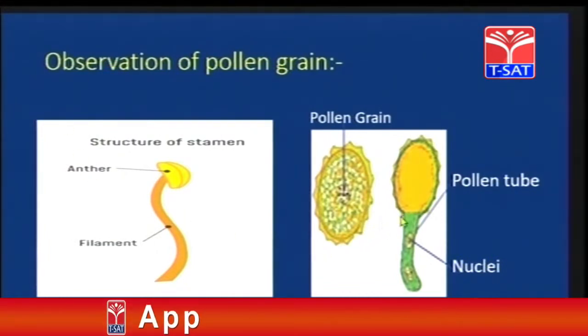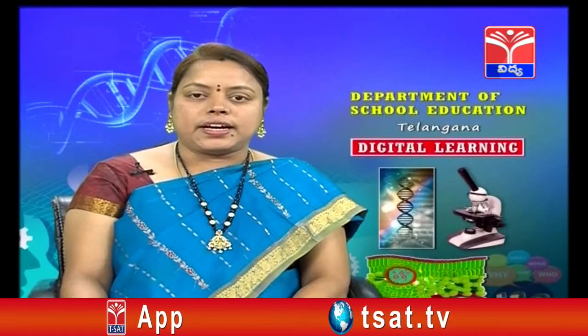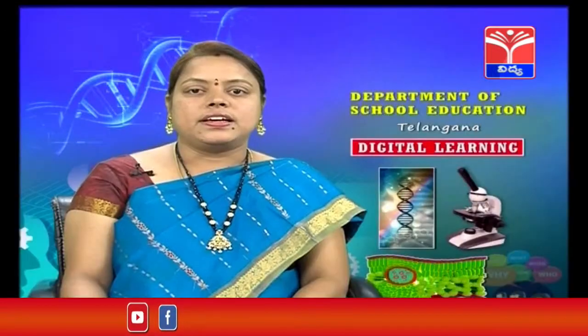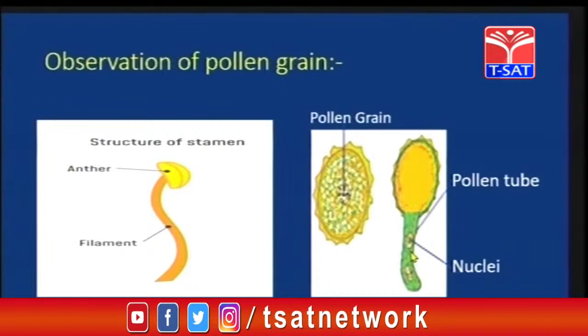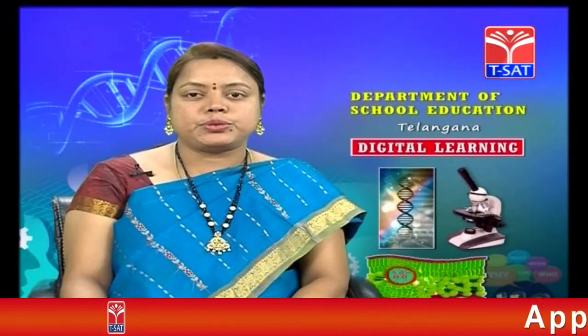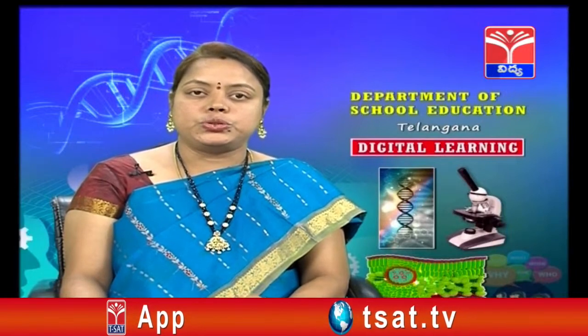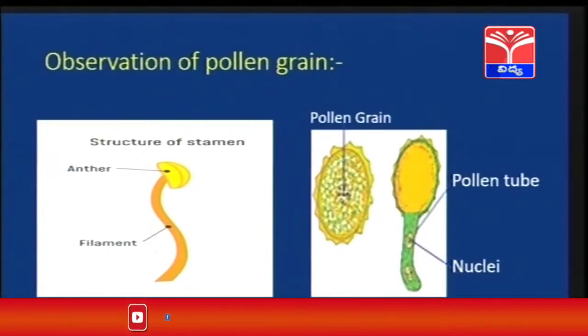As you can see, the tube-like structure is nothing but pollen tube. Now you should remember one point over here, children, that is, inside the pollen tube 2 nuclei are present. You have to remember how many number of nuclei are present in the pollen tube. 2 nuclei are present because these 2 nuclei play a major role in the fertilization process.